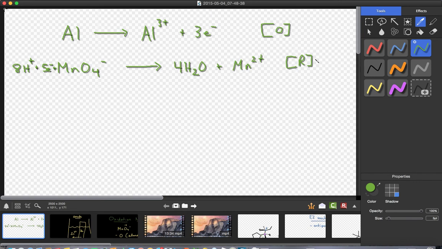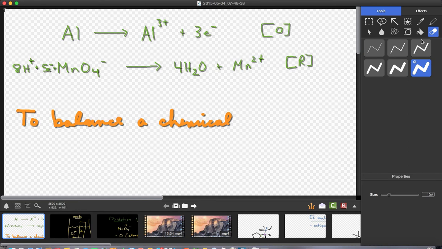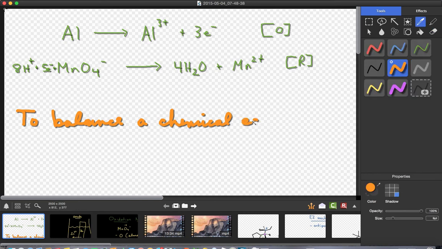To balance a chemical equation, you must balance the number and type of atom.